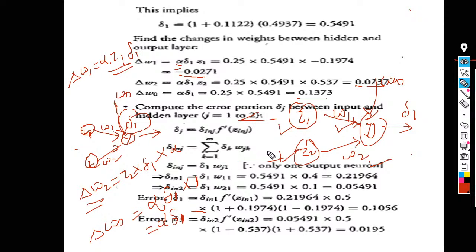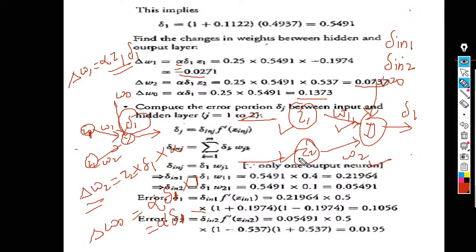First we will calculate the net input error which is coming to Z1, which we will represent by delta in 1, and the error which is coming to Z2 we will represent by delta in 2. So delta in 1 is the error which is coming to Z1, and delta in 2 is the error which is coming to Z2.